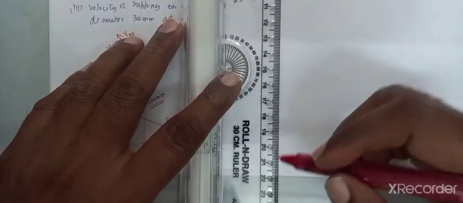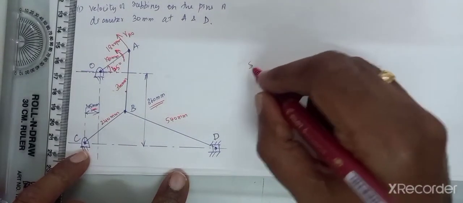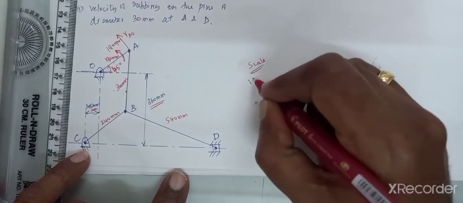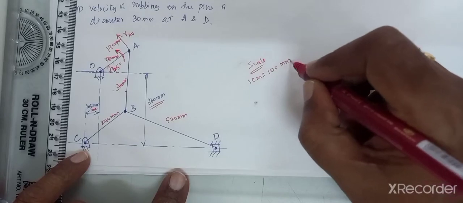Right, I am going to take this scale. So we have to do the scale factor: 1 centimeter equals 100 mm.